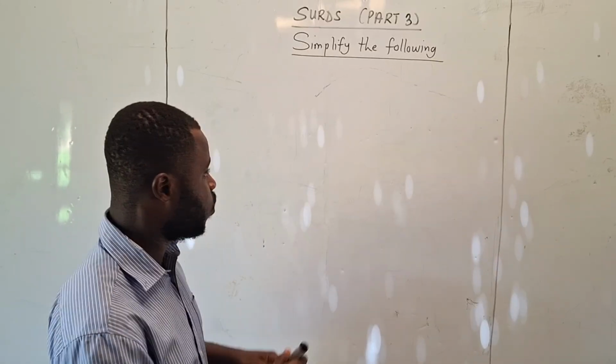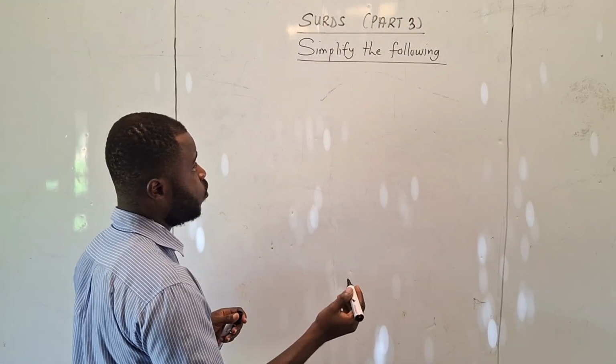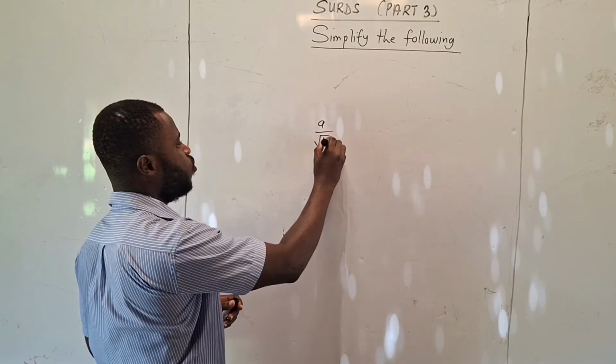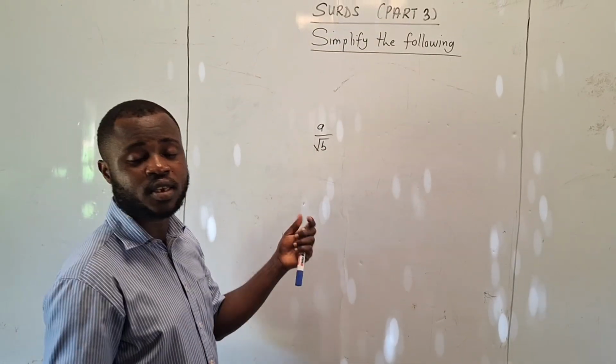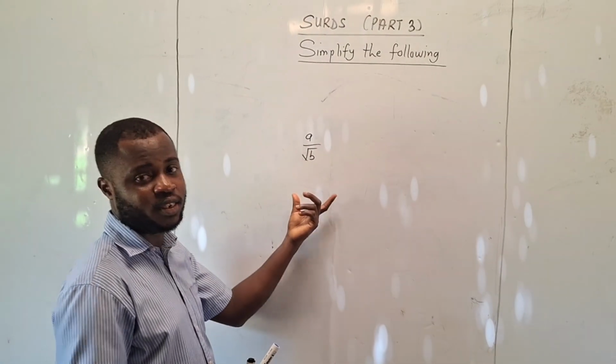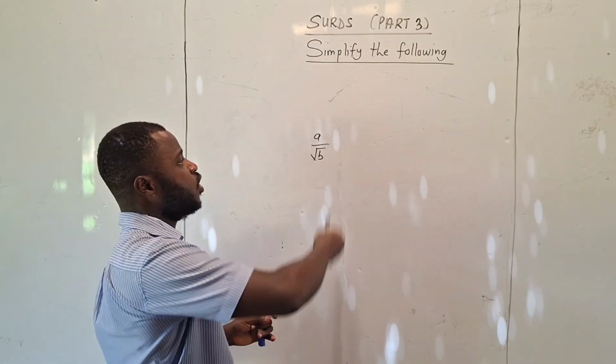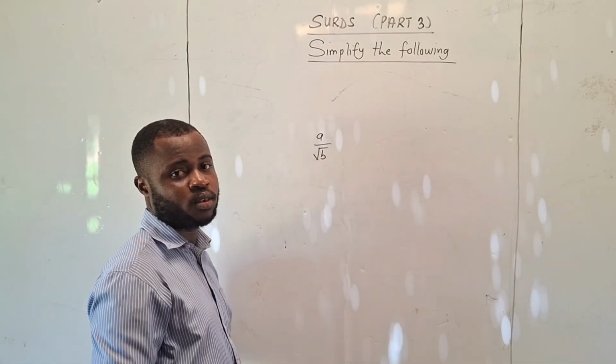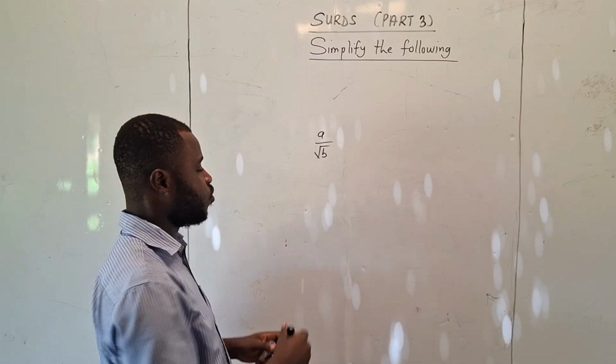Now today, we are going to look at, assuming you are given A over root B. This identity says that when you have a question like this, multiply both the numerator and the denominator by the number in the square root.